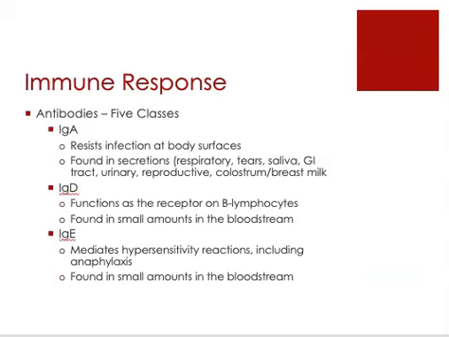There's IgA in your tears, and in the secretions in the urinary tract and in the reproductive system. There's a lot of IgA in breast milk, especially in colostrum. Very, very important type of antibody.